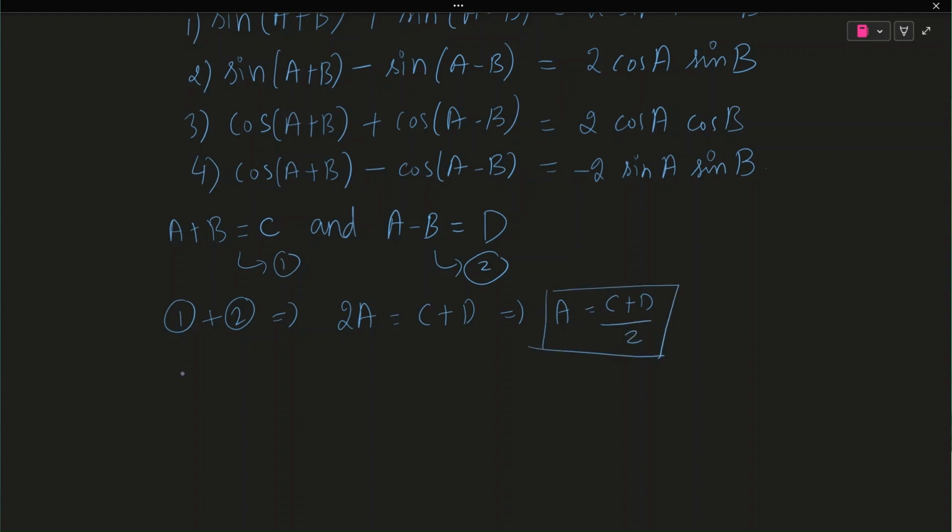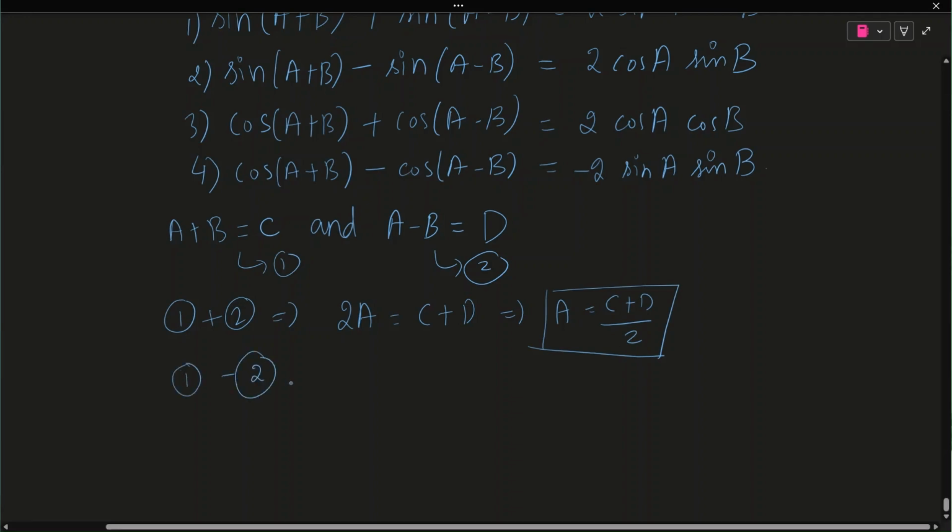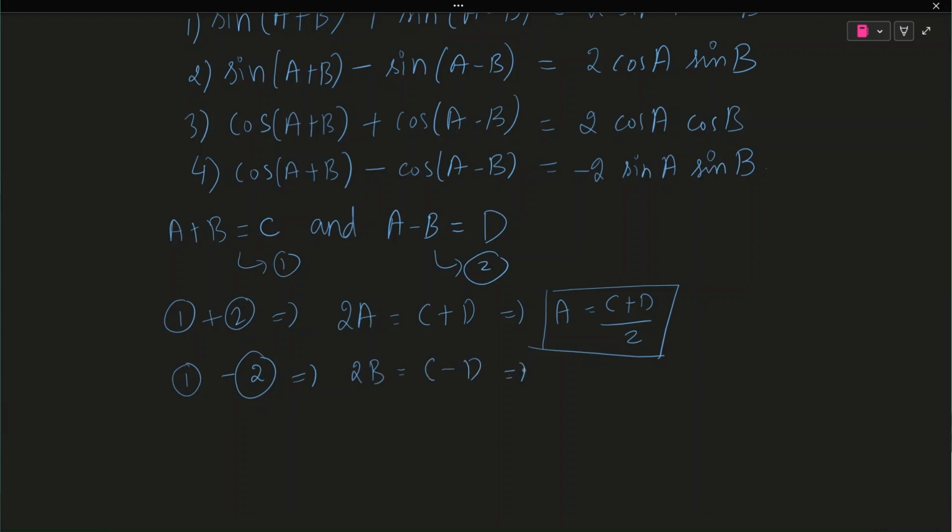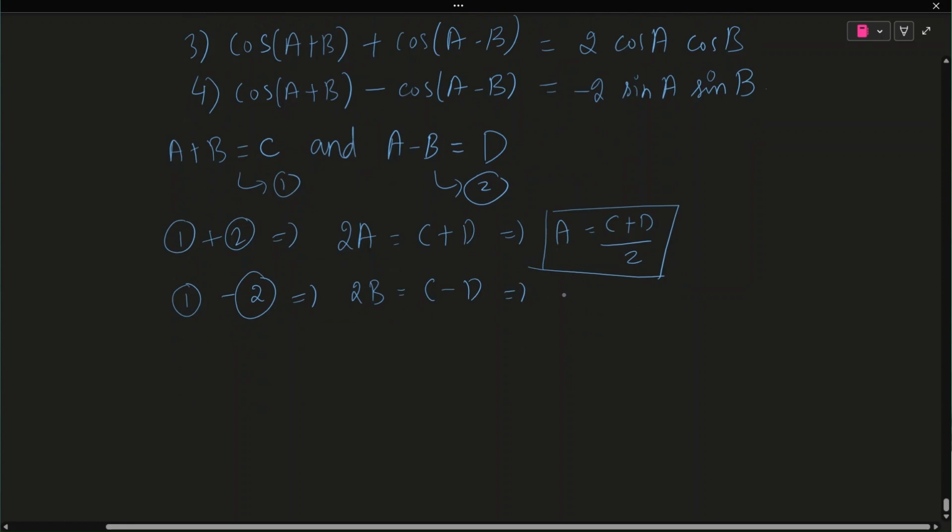And if I do 1 minus 2, I would get 2b, which is nothing but c minus d, which implies b is equal to c minus d by 2.